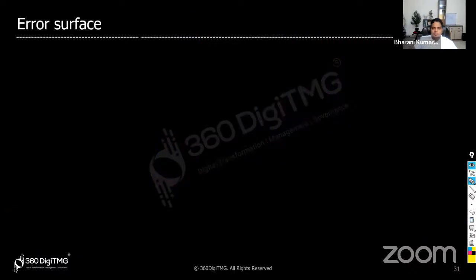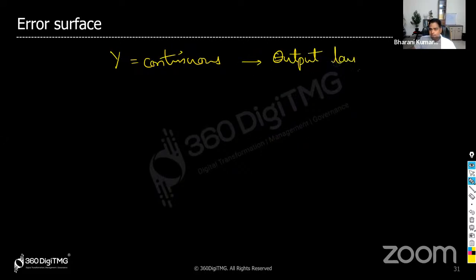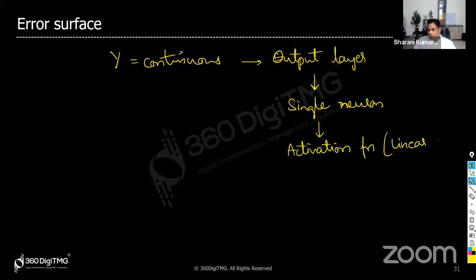So in short, if your output variable is continuous, in your output layer you would have a single neuron. Point number one. And the activation function would be linear or identity function.